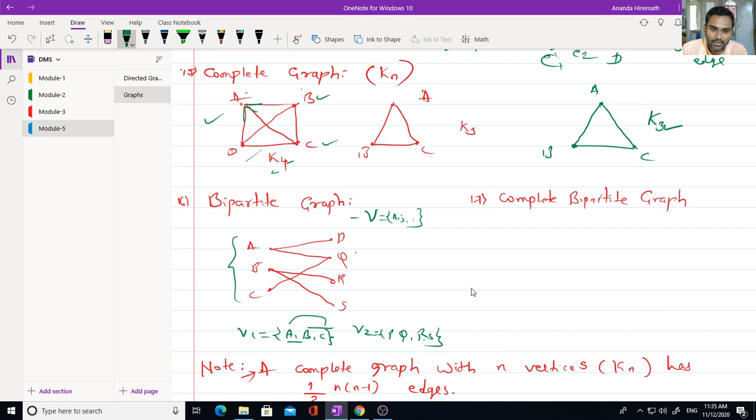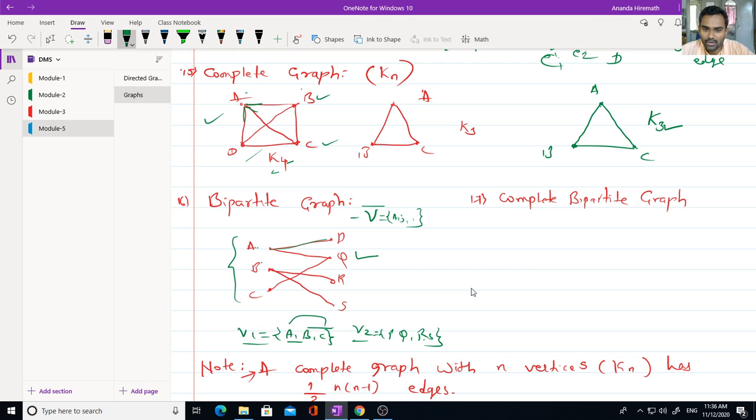So this is another group. So we have two groups of vertices. The main vertex set is the union of V1 and V2, and the edges from one set join to the other.